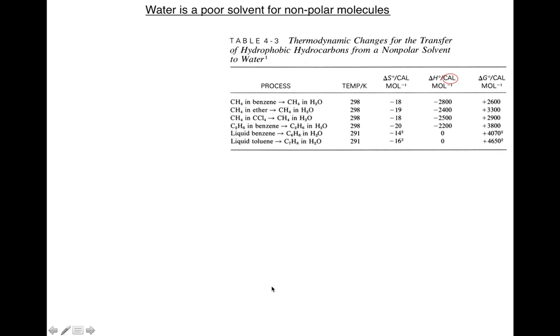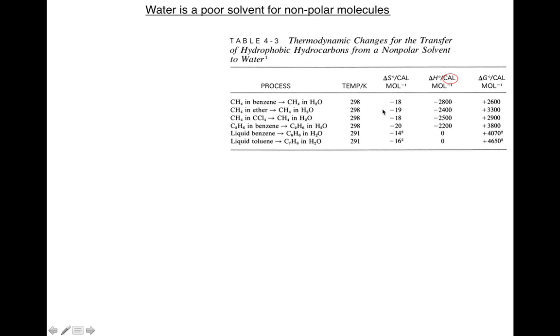Now, water is a very poor solvent for nonpolar molecules, and this is a table from a physical chemistry book, taking a nonpolar molecule, CH4, in solvents of different polarities, benzene being extremely nonpolar, and then ether, carbon tetrachloride, and transferring it into water.